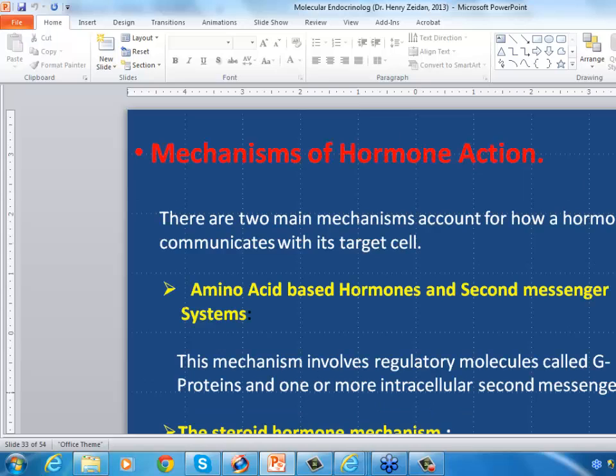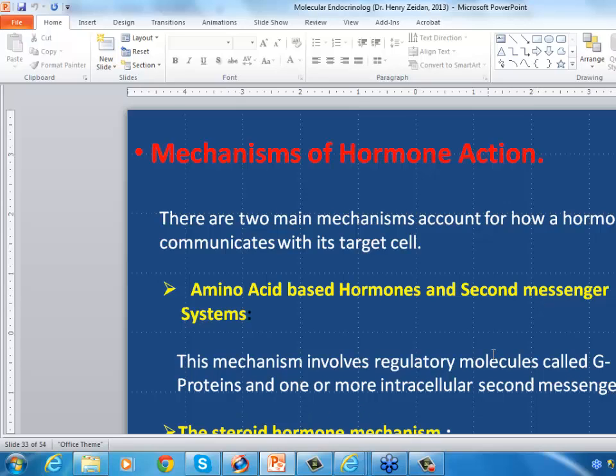Let's now shift gears and address mechanisms of action. When we address mechanism of action, we like to be able to classify hormones based on their mechanism of action as well. The first mechanism deals with amino acid based hormones and second messengers. As the name implies, you're dealing with modulation of specific proteins on the cell membrane that tend to increase or decrease the production of a second messenger.